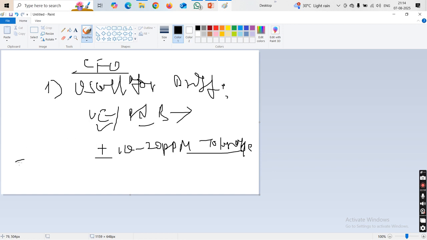So let's try to understand what it means when I say plus minus 10 to 20 ppm is the tolerable limit of the local oscillator.